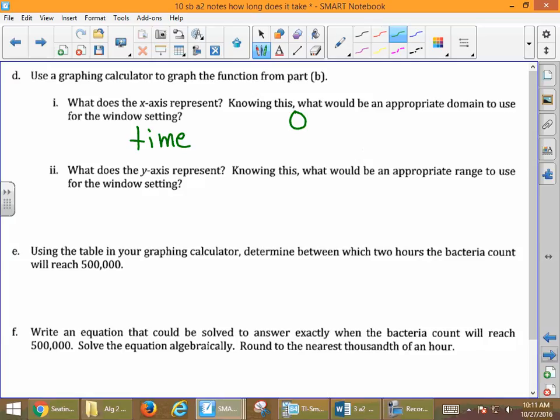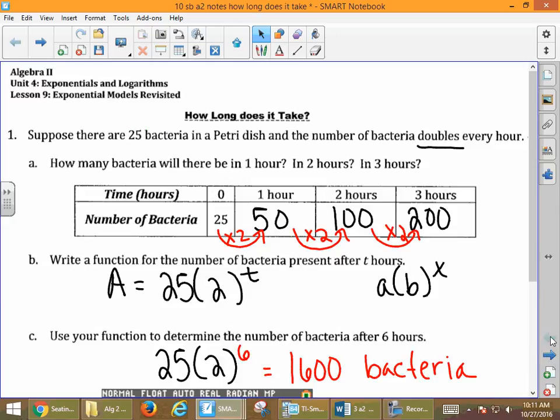So we looked at the first 3 hours, but what if we went to 20 hours? And I just left my scale as 1. Well, we've seen the x-axis represents the time. The y-axis then represents the other value in our table, which is the number of bacteria.